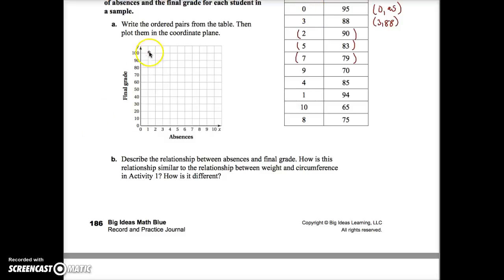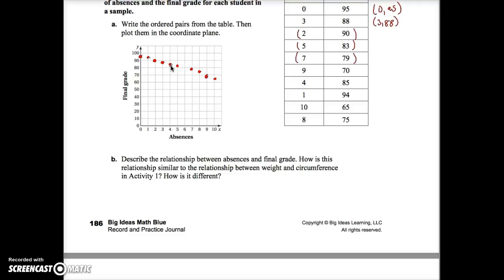So (0, 95): over 0 up to 95, over 3 up 88, over 2 up 90, over 5 up 83, over 7 up 79, over 9 up 70, over 4 up 85, over 1 up 94, over 10 up 65, and then over 8 up 75. So you may want to take a minute, pause the video if you need to get all those in there.